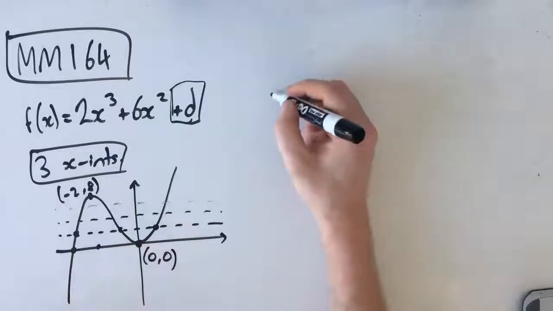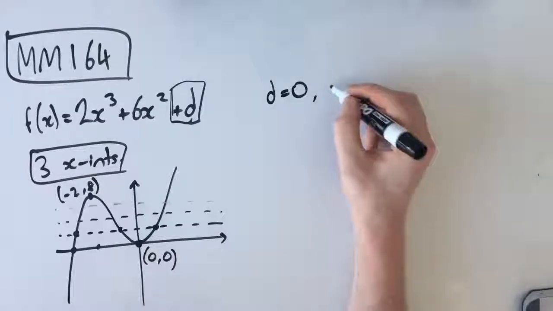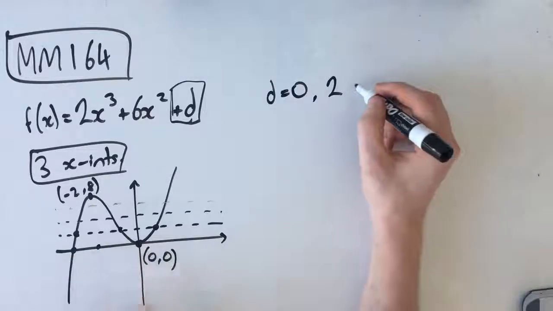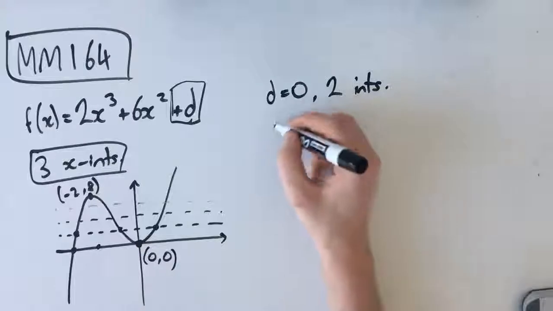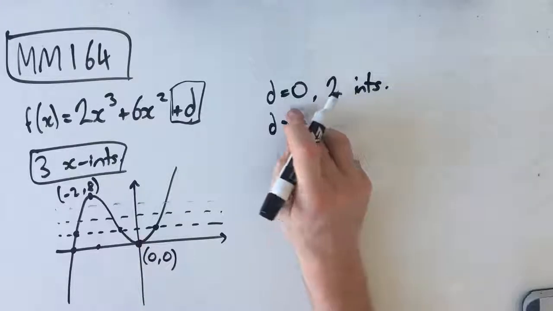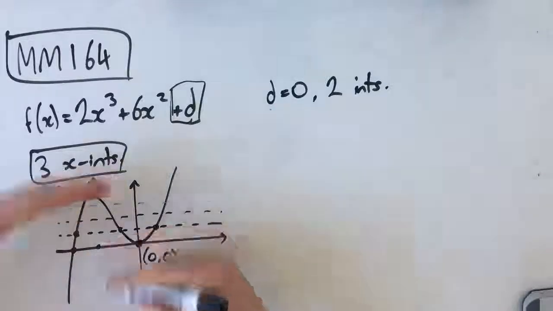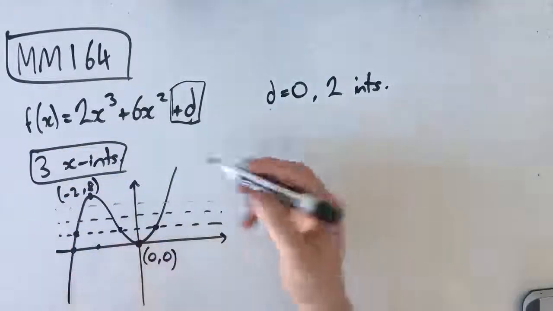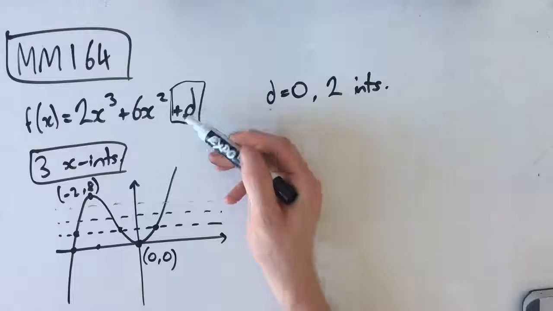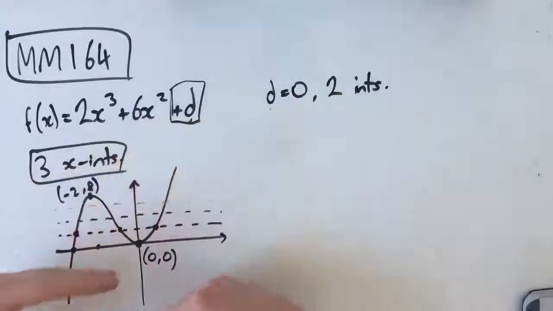So if d equals 0, we have two intercepts, right? If d is, because remember we're moving down by more than 0, which means that d has to be negative, because we're adding d, which means that if it's negative, it's moving it down.